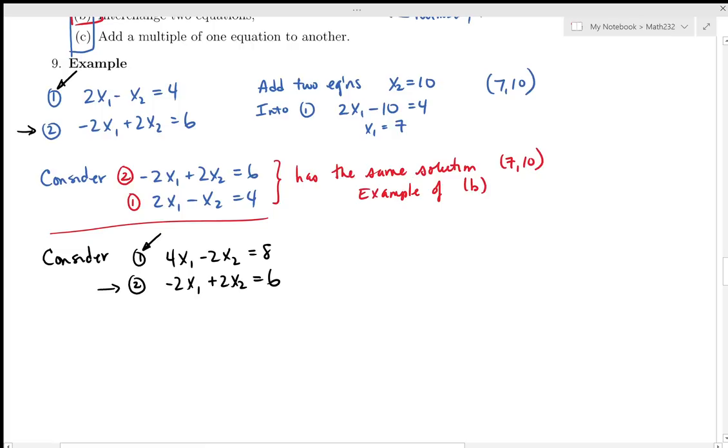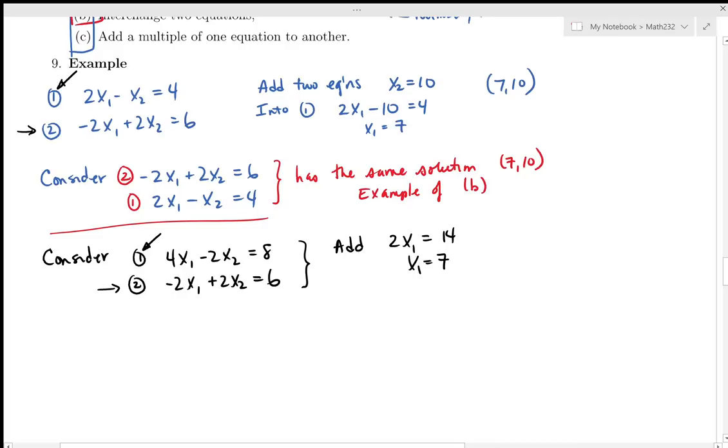Now let's solve this system. I'm going to take these 2 equations and add them together, and I'm going to get 2x1 equals 14, so x1 equals 7.